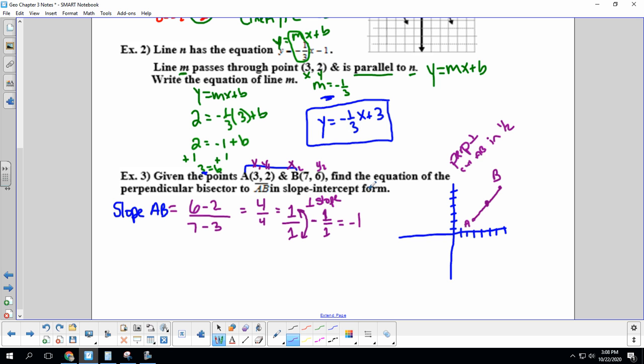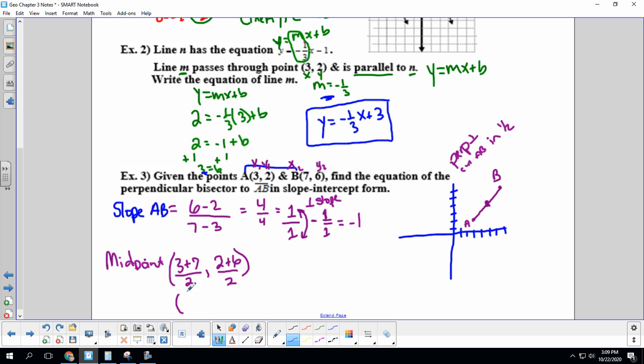Okay, so now we have to find what point is halfway between A and B. Well, we've done the midpoint before. The midpoint is when we add the x's and divide by 2, comma, add the y's and divide by 2.